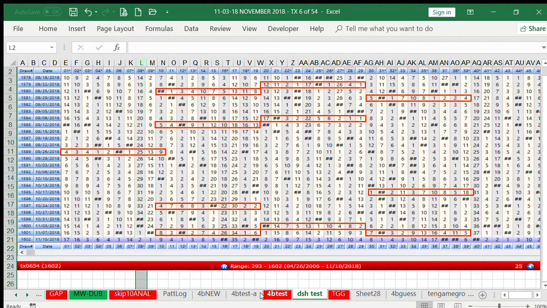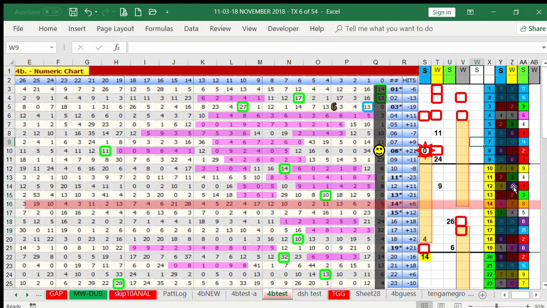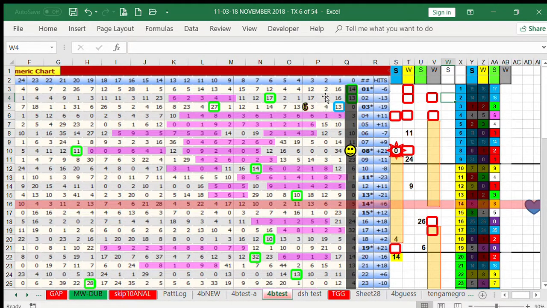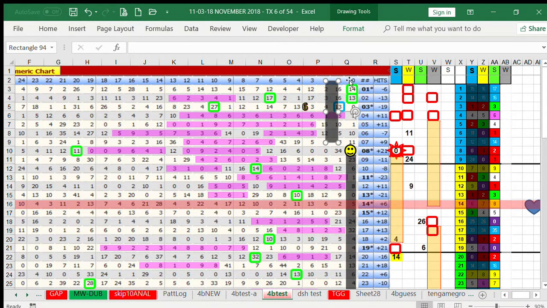I'm going to look at the 4B now, and you can see here is where the 0 skip hit. I highlighted it in black, because we've gone from a previous skip of 14 games, let's say for the number 1, and here it's 15, here it's 16, and the current skip is 7.